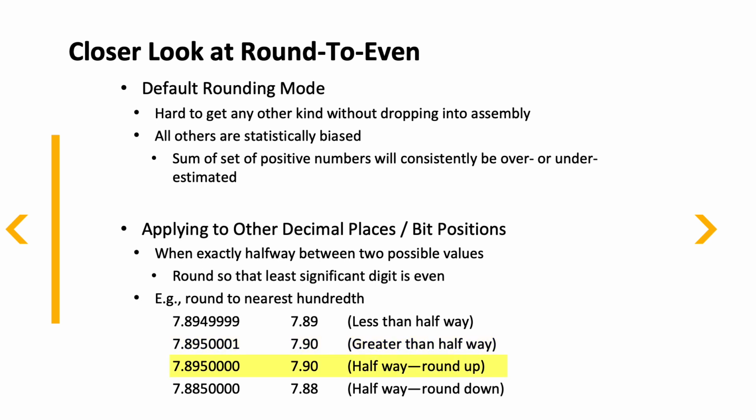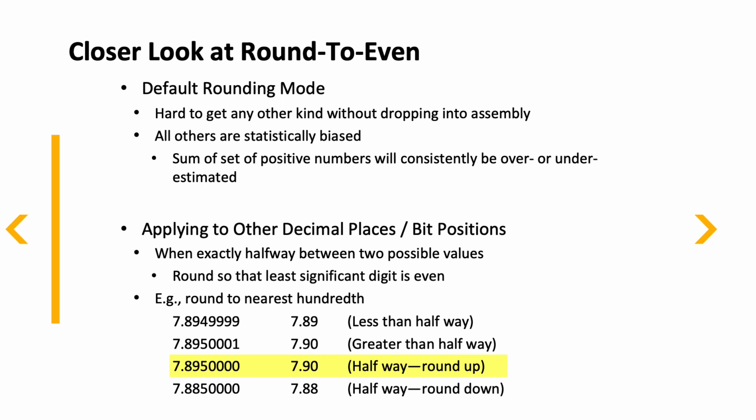But these last couple, if I've got 7.895 and then a bunch of zeros, I'm exactly halfway between 7.89 and 7.90. Well, if I rounded down, I would end up with a 9 in my least significant digit. Uh-oh, that's odd. So I better go up. So when I round up to 7.90, I end up with an even number in my least significant digit.